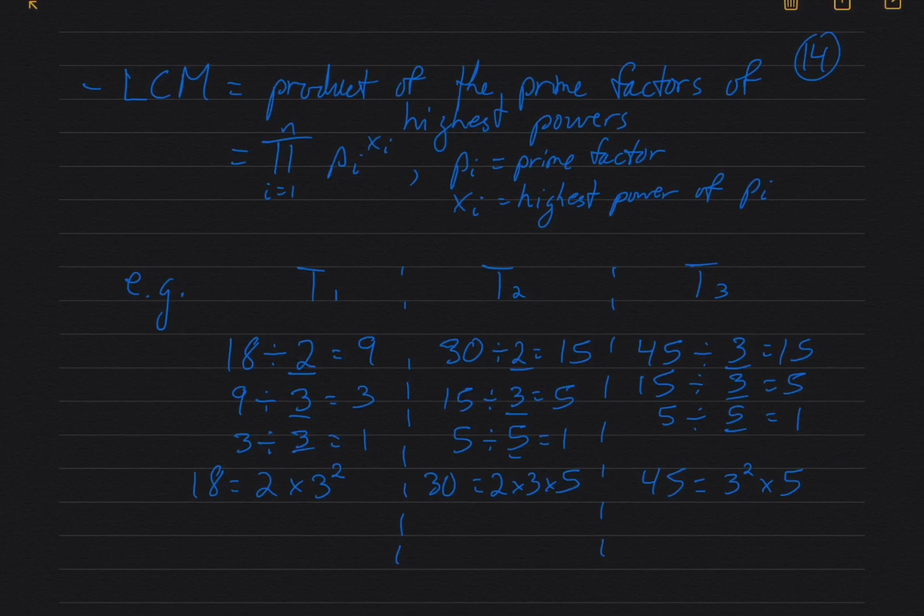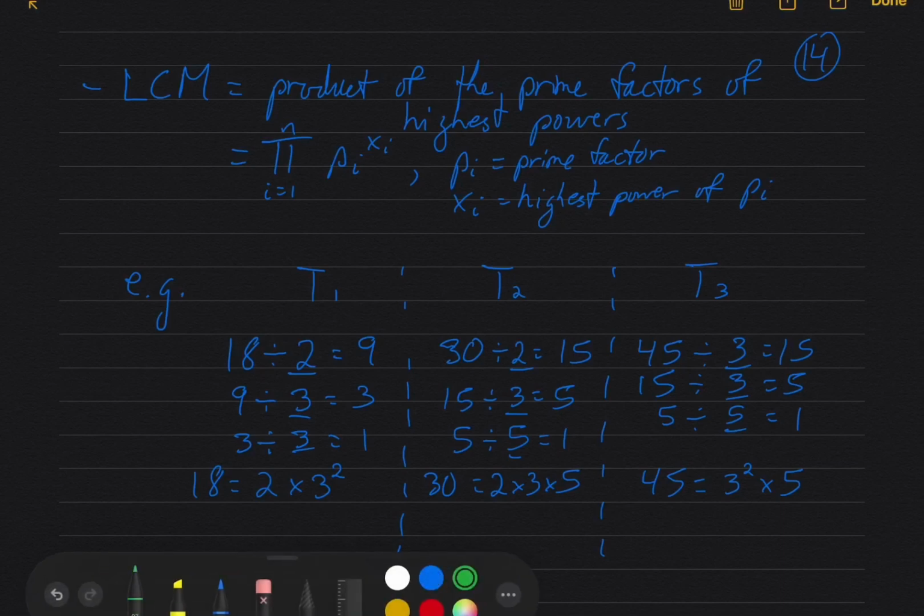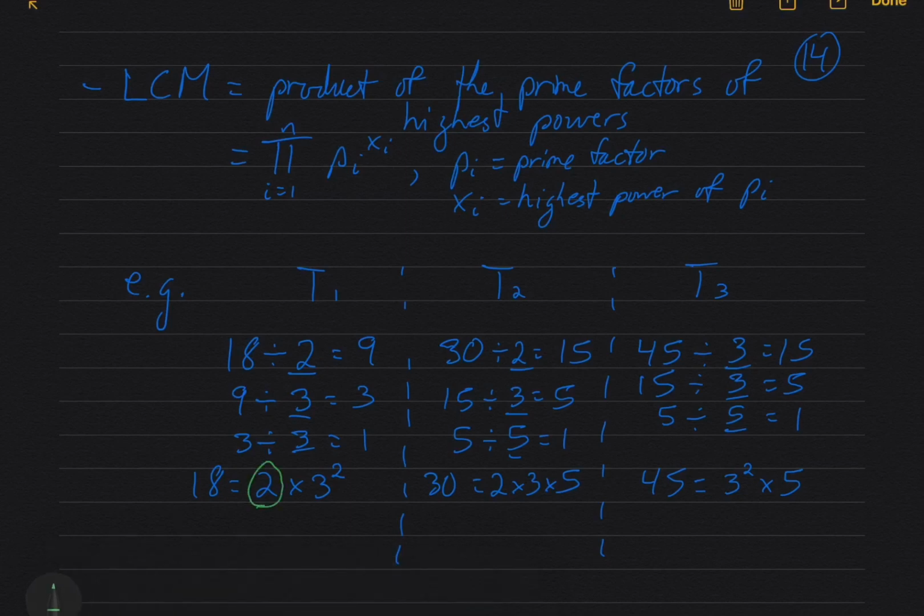So now let's circle the primes of the highest power. So one of the primes that we got is 2, and the highest power of 2 that occurs is power of 1. Next we've got 3, it occurs in all of them, and the highest power occurrence is 3 squared, and then 5 appears twice, and the highest power of 5 is 1.